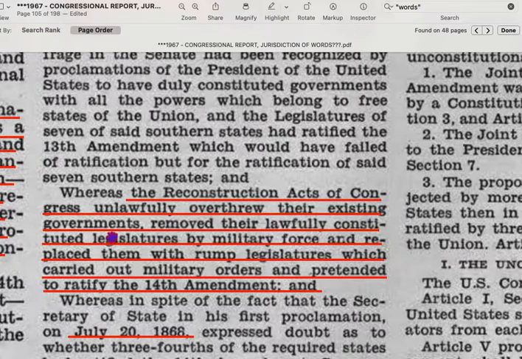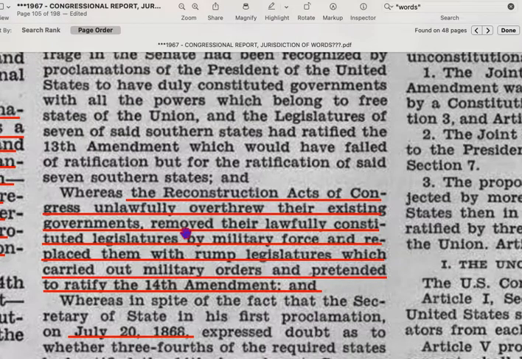And then the states created the United States of America. And in the United States of America in Congress assembled, they created the United States and gave it power over federal lands only for defense purposes, for mutual protection.